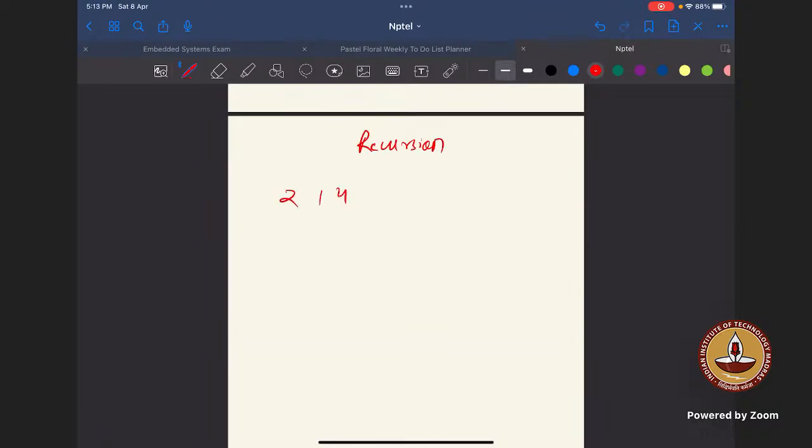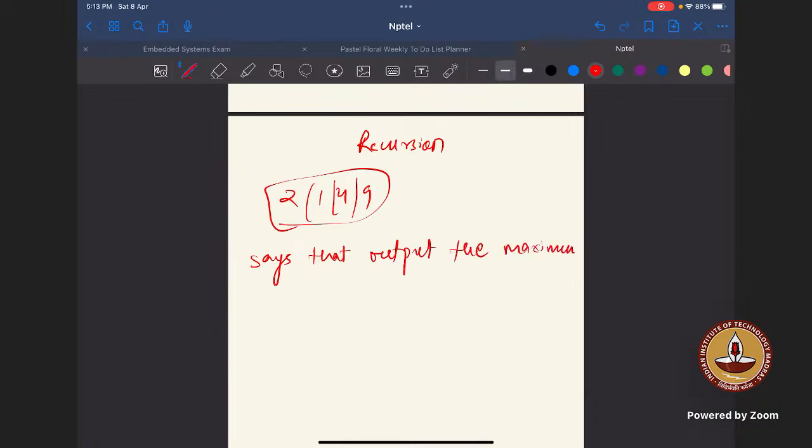We have 2 1 4 9. Recursion says that output the maximum of the following.